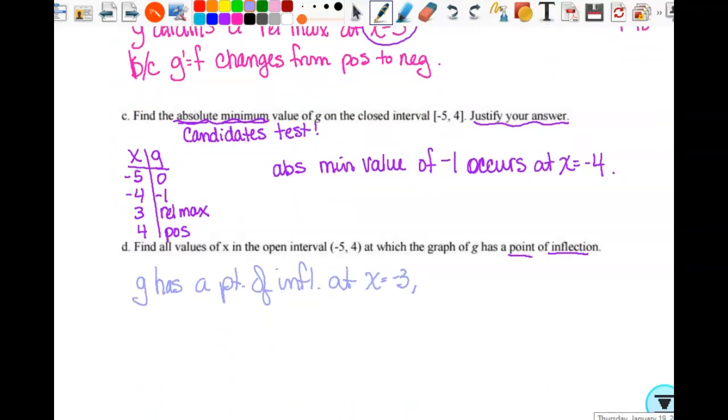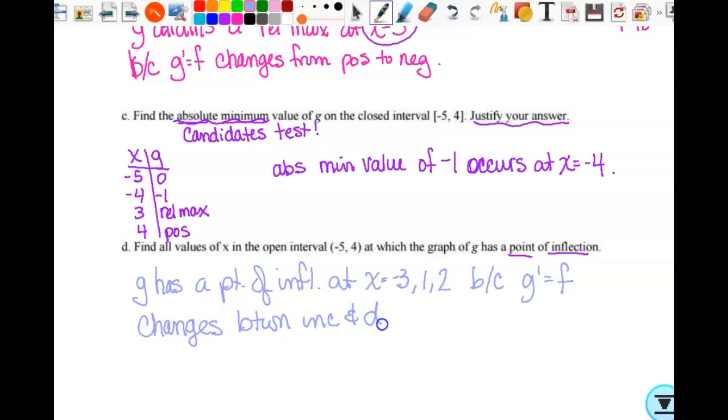So x equals -3. Because g prime, which equals f, changes between increasing and decreasing. Okay.